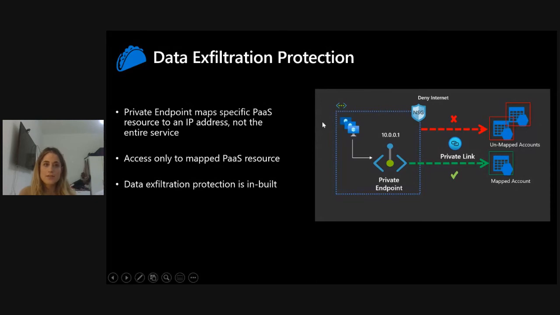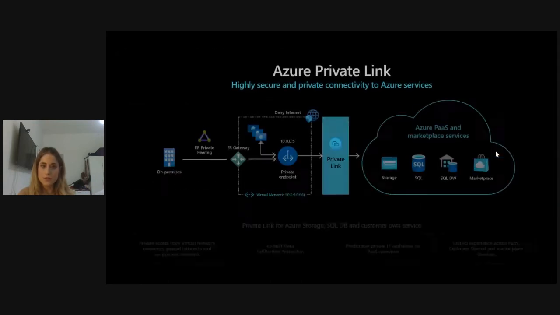So again, there is data exfiltration protection, meaning you don't just get access to the service, you get access to your own instance of the Microsoft service. You basically get the service as if it was deployed in your own virtual network. It's not actually true, but you make it happen through your security groups.